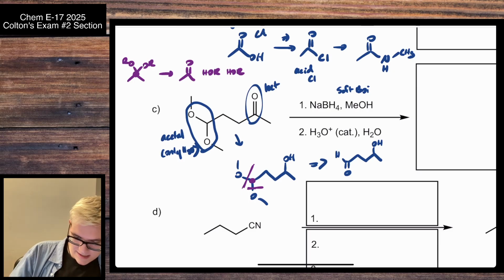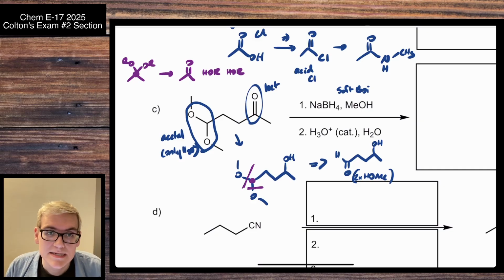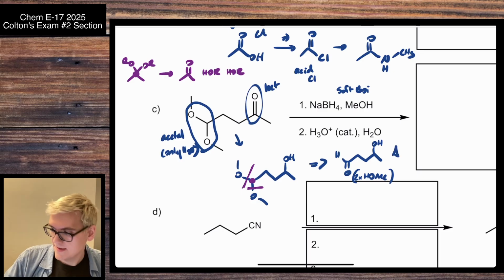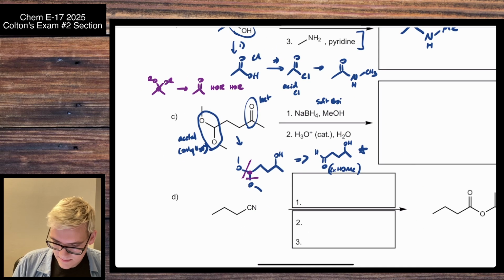Then the OMes that I chopped off, I'm going to add an H. And this is just going to be a side product that we don't typically care about in box problems, unless they explicitly say draw out what the side product or byproduct is. Yeah, we don't care. We mostly just care about this top one. So this roughly is our product.